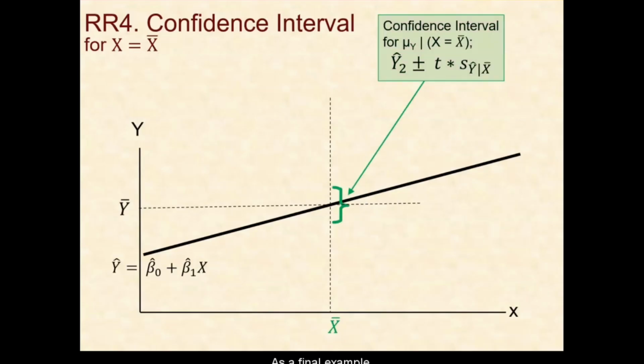As a final example, this is the confidence interval for the process mean of y given x bar, shown by the green bracket. It is centered at y bar and extends above and below y bar by an amount t times s sub y hat given x bar.